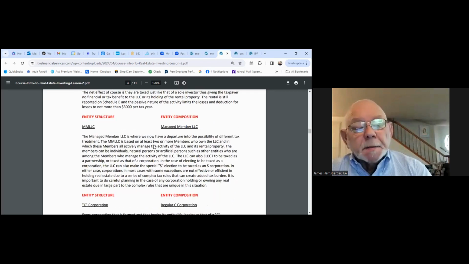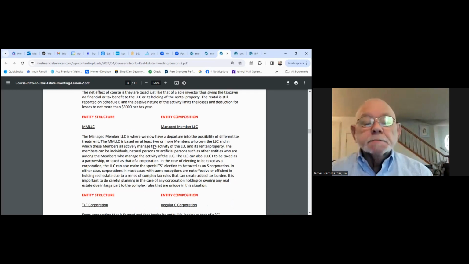The next one is the managed member LLC. My preference for entity composition is the managed member. This is where you get into a little bit of the advanced planning, because this really gives us a lot of bandwidth and a lot of things that we can do once we have a structure that is complementary to this objective.